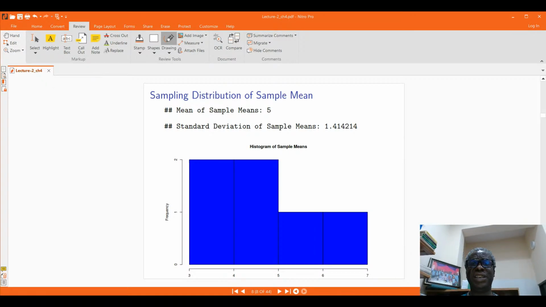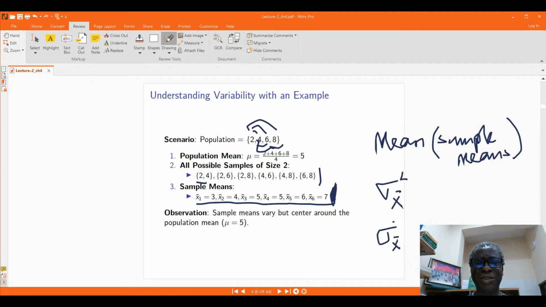Of course, here you can see the mean of the sample means is equal to 5, as we have computed, and the standard deviation of the sample means, which is the standard error, is equal to 1.41, and that is obtained by computing the standard deviation of these sample means.